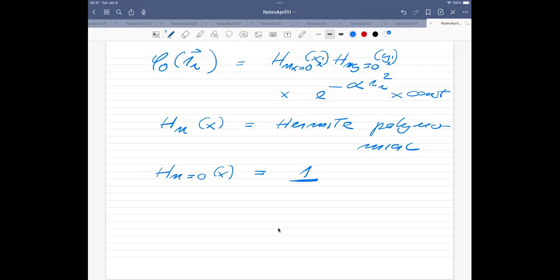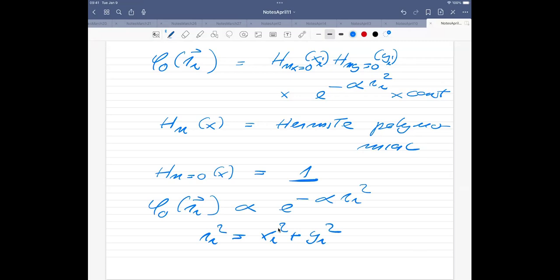So that means that this wave function is actually proportional to e to the minus alpha Ri squared, where Ri squared is simply xi squared plus yi squared. And alpha is proportional to the frequency omega, the square root of the frequency, as we discussed in project number 1.